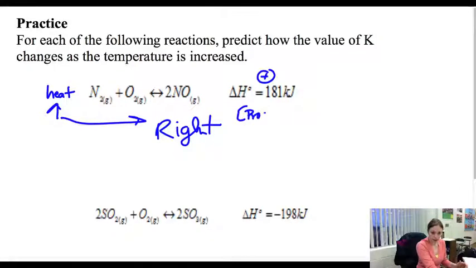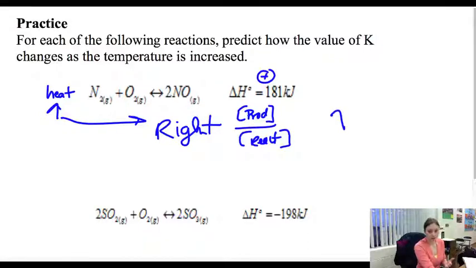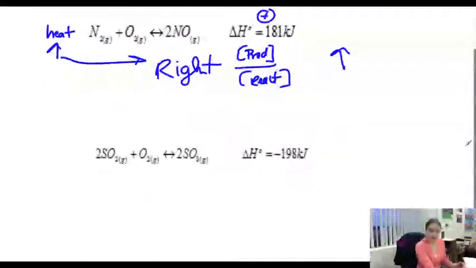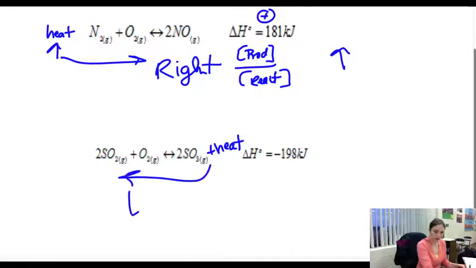If I have more products over reactants, now my value of K is going to start to go up. Okay? Now look at this next one. It's negative. It's the same way. It's exothermic. So the same way as the very first example we looked at, which means it's going to shift to the left. As it shifts to the left, that means I'm going to have less products. My K value is going to start to go down.